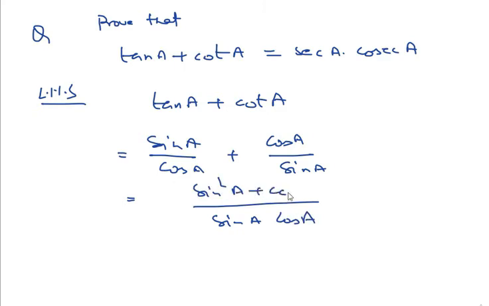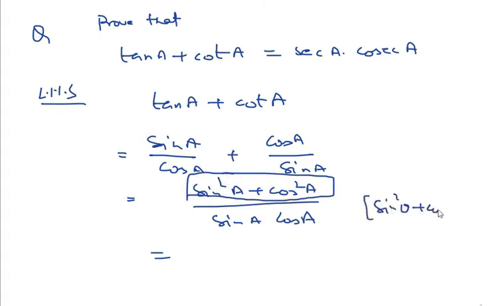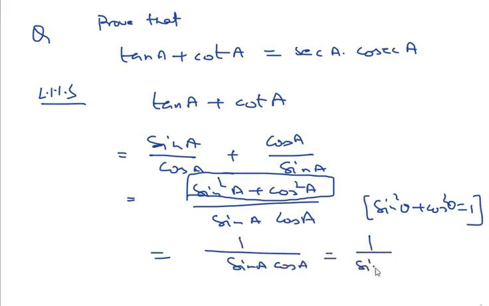This will be sin square A plus cos square A, and you can see we have this identity, sin square theta plus cos square theta is equal to 1. I have explained to you that sin square theta plus cos square theta is equal to 1. We will keep it over there, 1 upon sin A into cos A. So I can write this as 1 upon sin A into 1 upon cos A, which I have already explained to you.